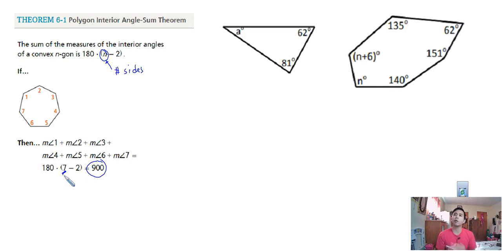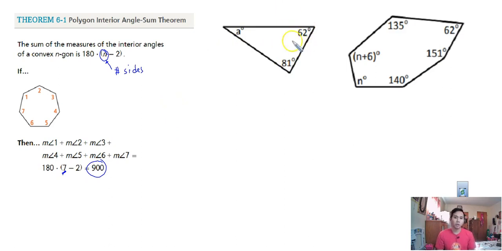For the first example, we know it already from the triangle sum theorem. Of course, a triangle is considered to be a polygon, so let's apply this theorem. The angles are a degrees, which is unknown, then 62 degrees, and 81 degrees.